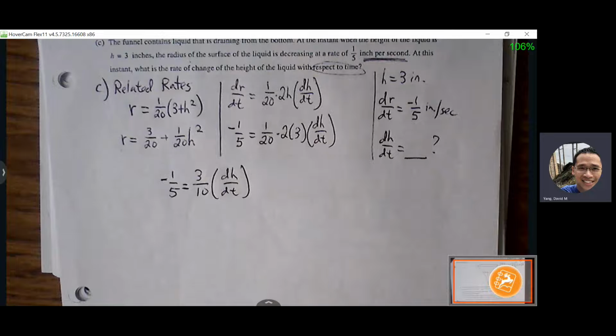Right, solve for dh dt. So divide both sides by 3/10, or in other words, multiply both sides by 10/3.